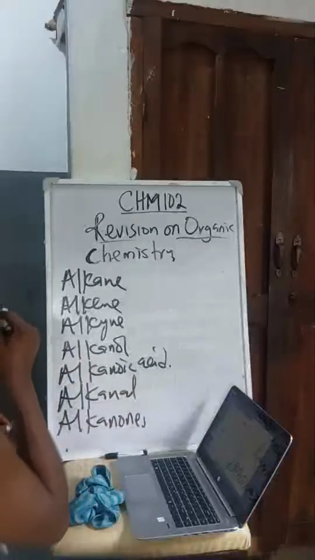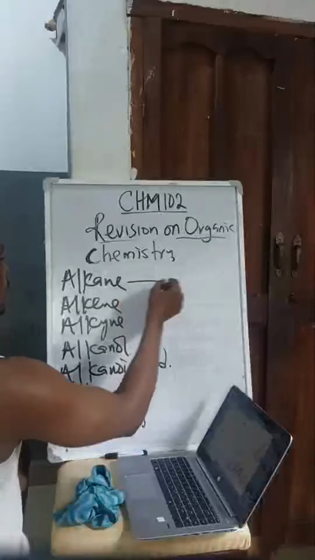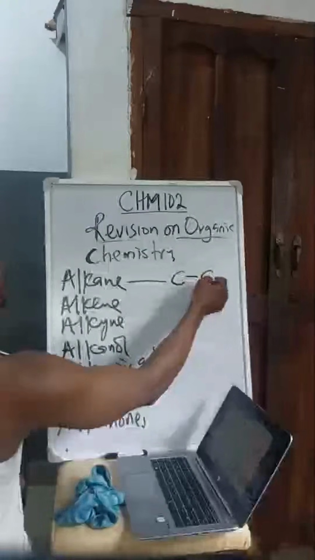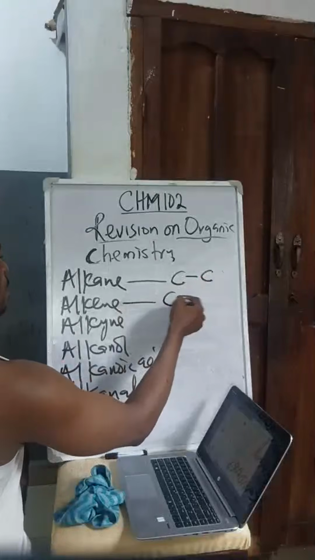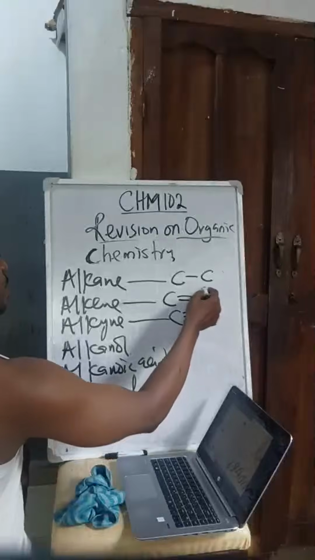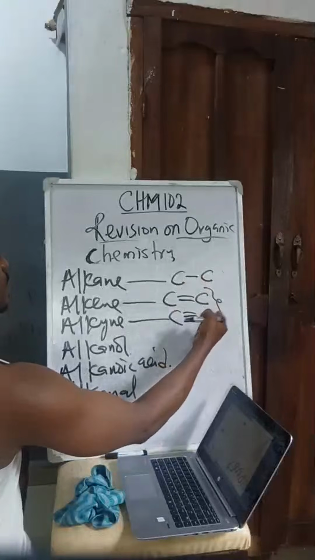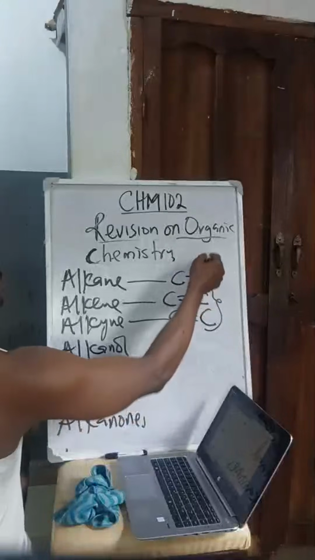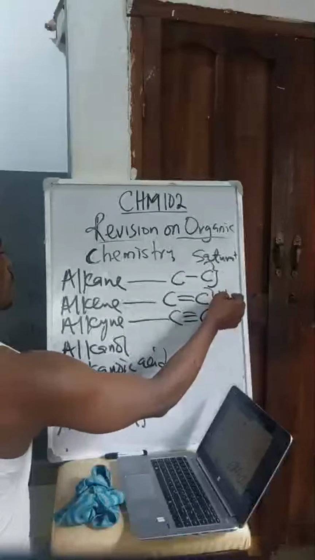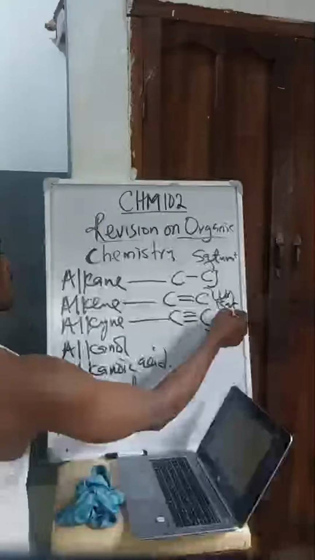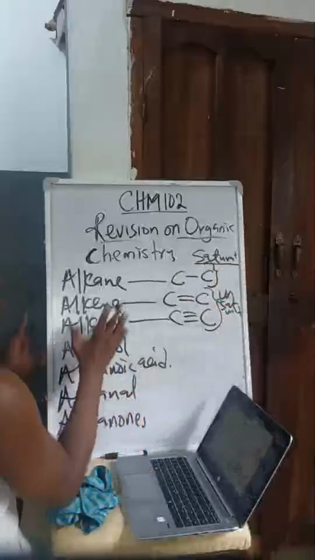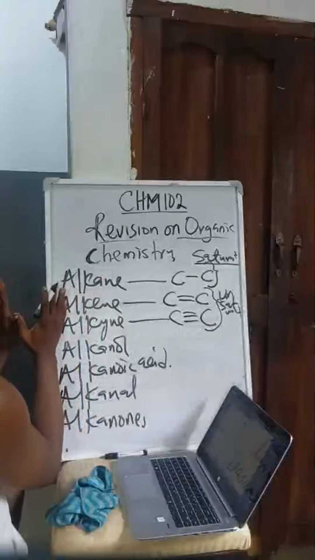All right, let's watch again. Please be fast. Alkane has single bond, alkene double bond, alkyne triple bond. The double and triple bond ones are called unsaturated hydrocarbons. The single bond is called saturated hydrocarbons. Okay, that is that for hydrocarbons.